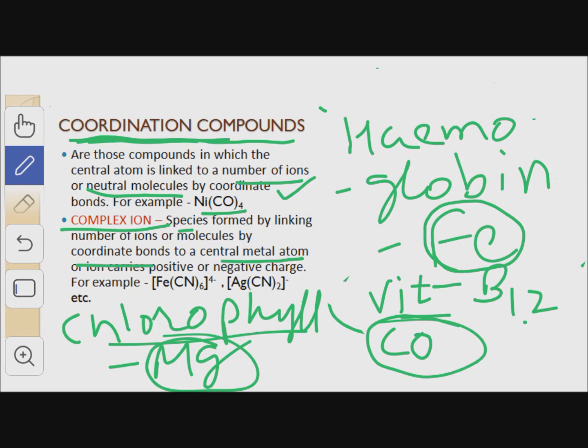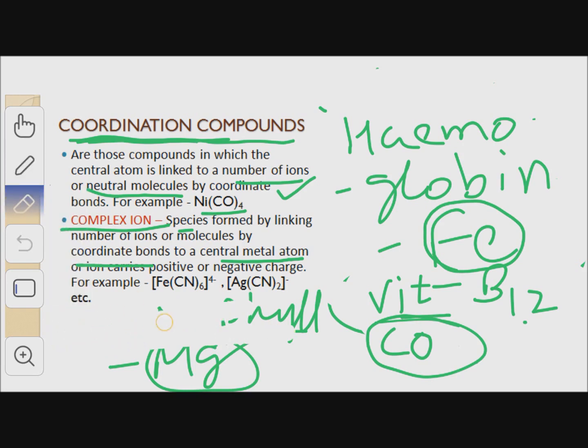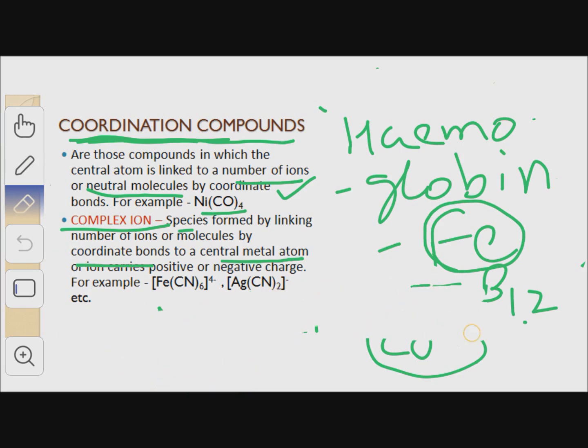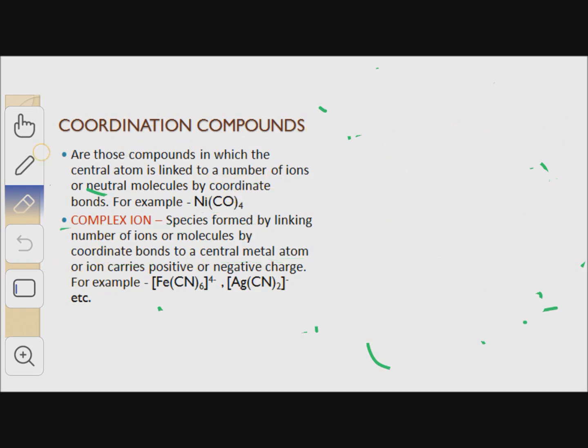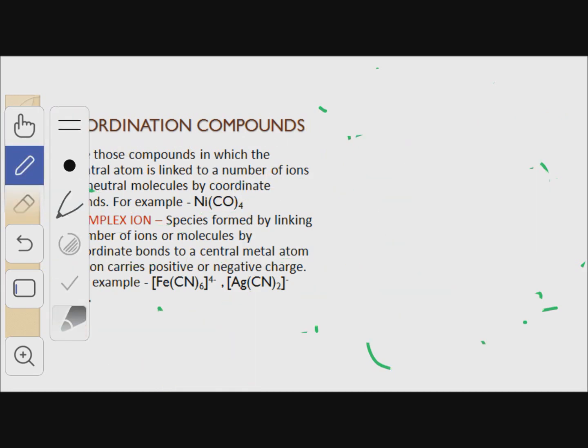For example, in the case of [Fe(CN)6]4-, and [Ag(CN)2]-. Here, Fe is the central metal atom and CN is the ligand.